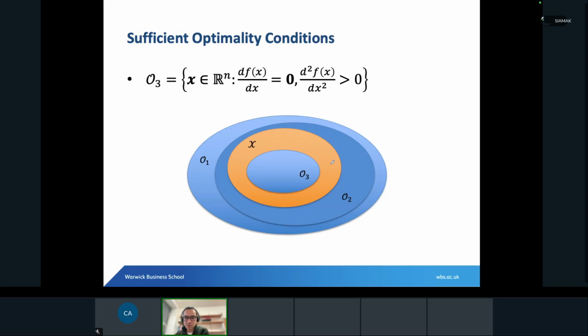What do you mean by both of them? These two? For the sufficient one, it is strictly positive, while with the other one we have greater than or equal to. It is non-negative. So, strictly positive versus non-negative.